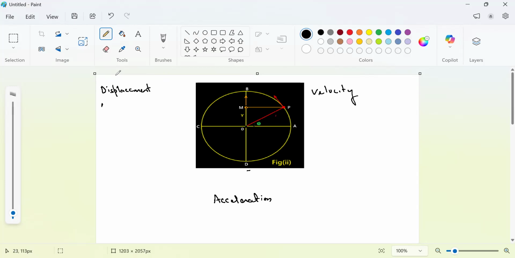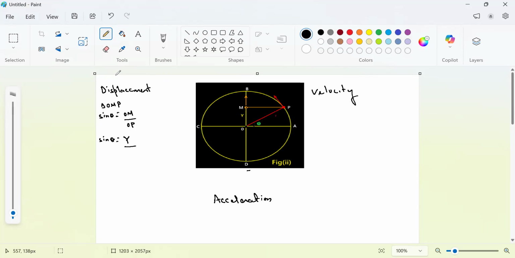So in triangle OMP, which is right angle, what you can write down is sine theta equals perpendicular OM by hypotenuse OP, and OM is the position of the particle M executing simple harmonic motion from the mean position, and this is known as displacement and is given by y.